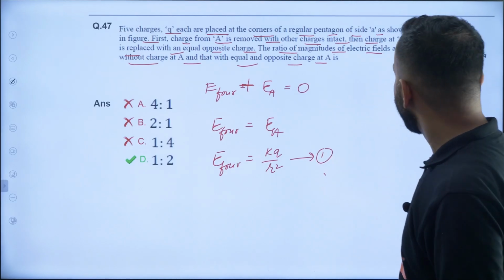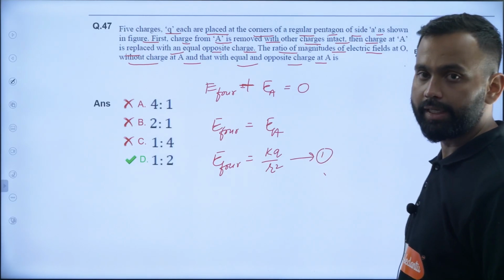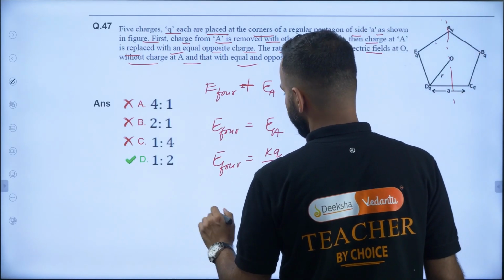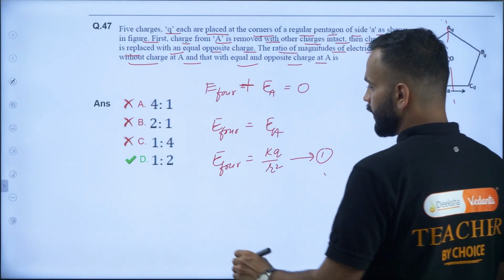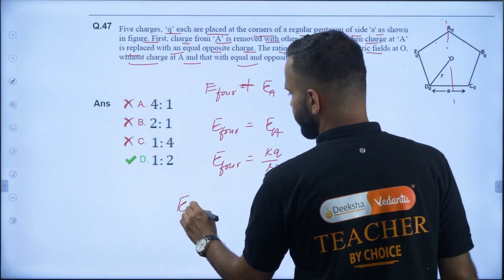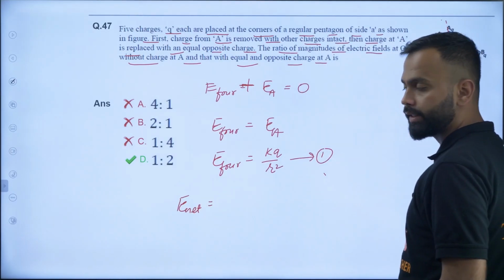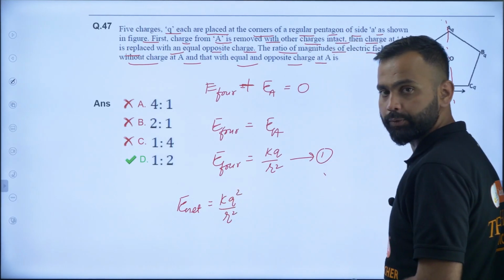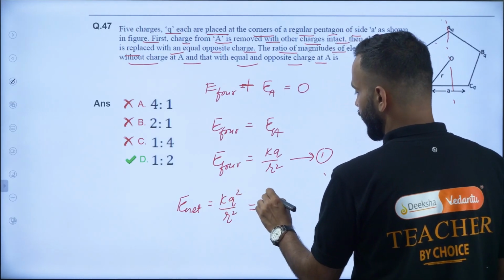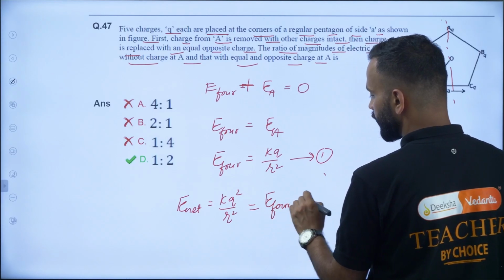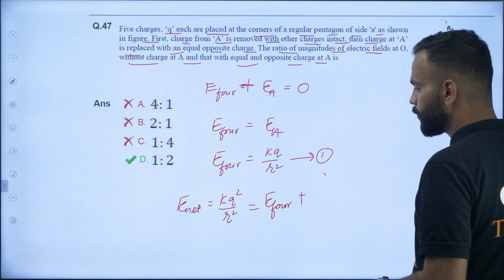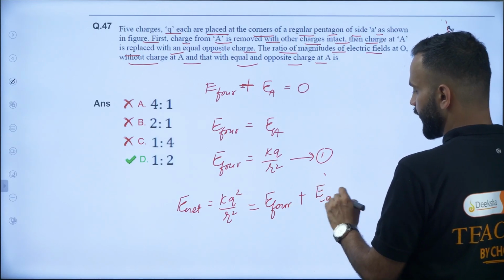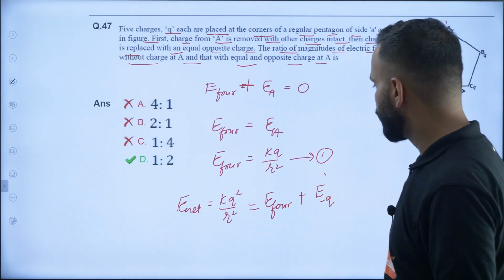Okay. So now the negative charge is placed on A. So now the net electric field is equal to kq by r square, which is equal to the electric field due to 4 charges plus the electric field due to minus q charge.